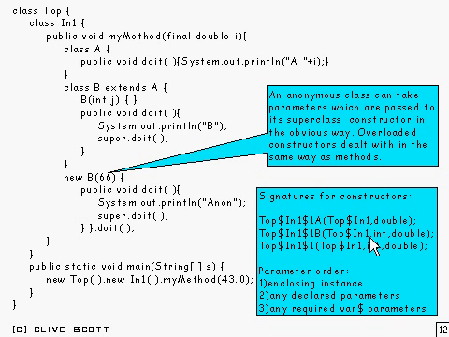B is similarly going to need a reference to the enclosing instance, and it's going to take an integer, that integer there, and the double so that it can pass it on to the constructor for A. And this anonymous class down here, its constructor is going to look like that, and it's going to take a reference to the enclosing instance as usual, and then that integer there, so it can pass it on to the constructor of B, and it's going to have the double as well, because B's constructor also needs that double. That's fairly obvious.